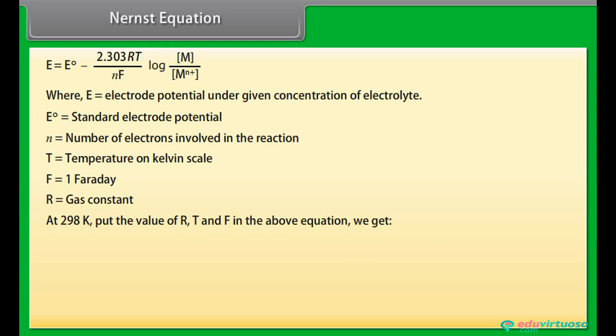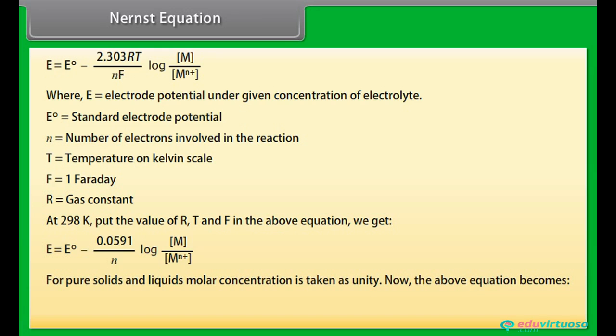At 298 Kelvin, put the value of R, T and F in the above equation. We get E is equal to E naught minus 0.0591 upon n log M upon M ion.